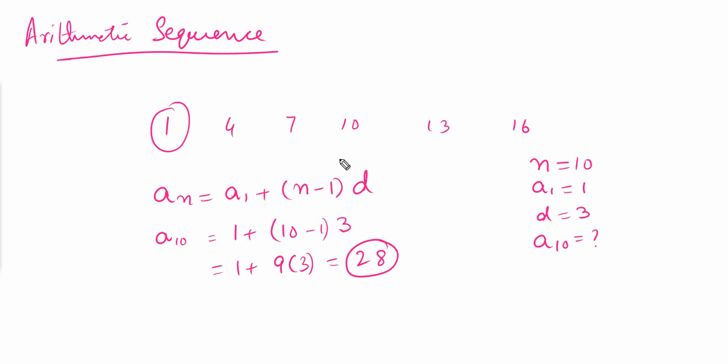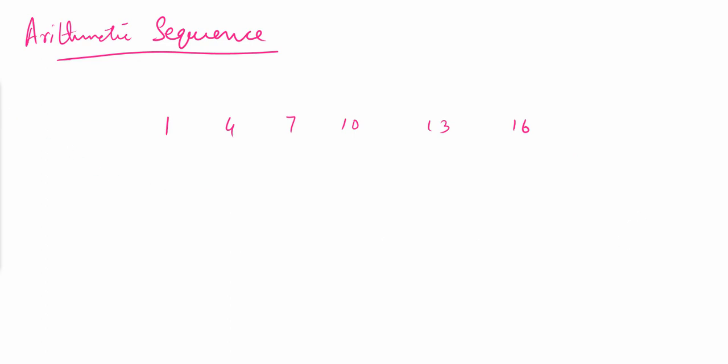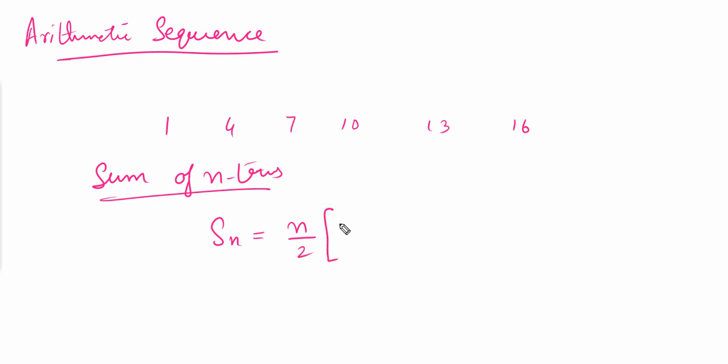Now let's suppose we have to find the sum of n terms in an arithmetic sequence. The formula for the sum of n terms is Sn equals n over 2 times 2a1 plus n minus 1 times t.